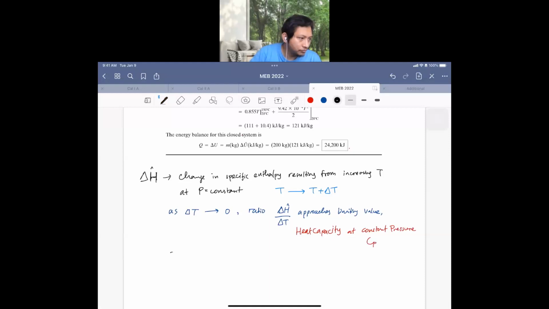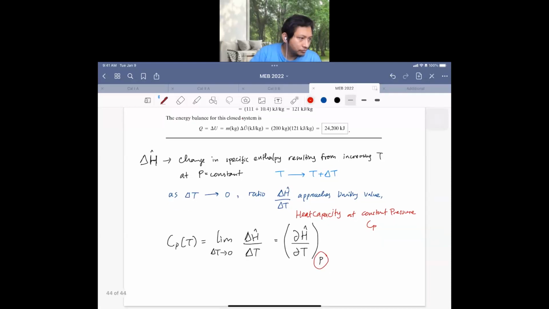So we define Cp as the limit as delta T goes to 0. Or we could write in terms of Leibniz notation, and make sure that you write P, this term denotes that it's at constant pressure.